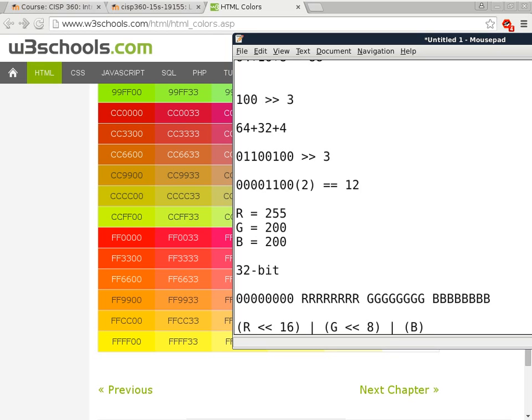Are there any questions about this little expression here, which is a quick way to mix R, G, and B components into a particular color specification in HTML? No questions? Does anyone program in JavaScript so they can play with stuff that's interactive on the browser?